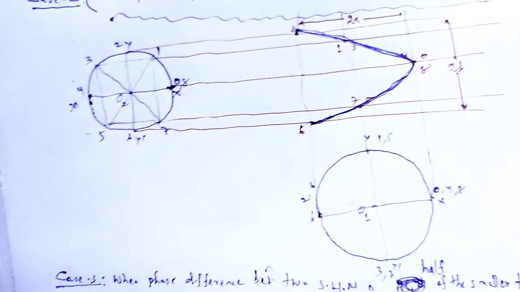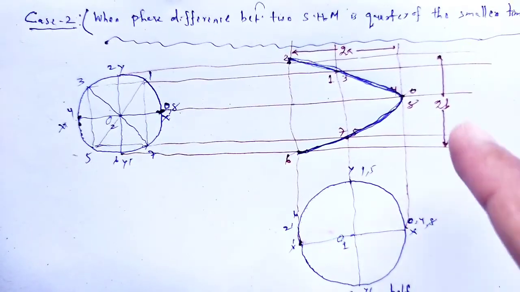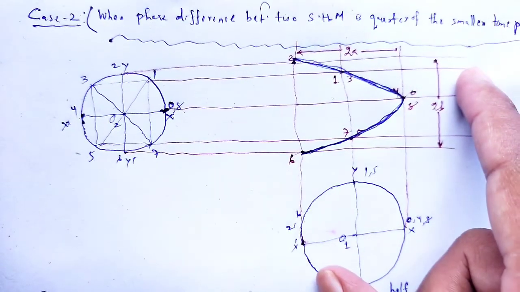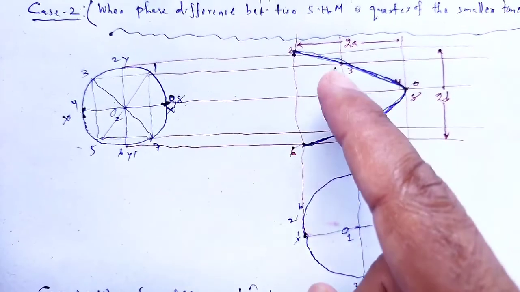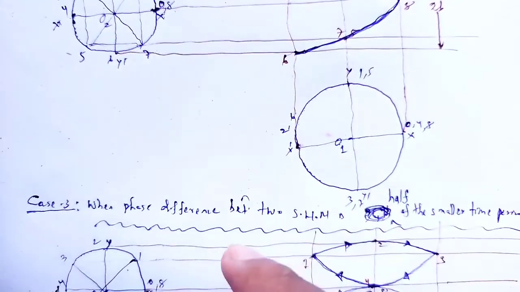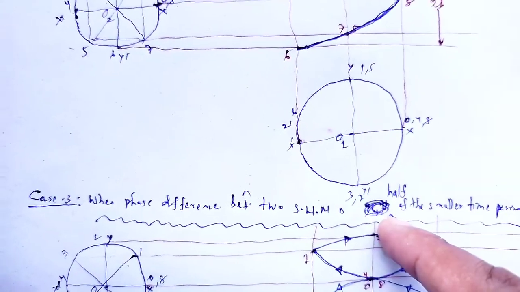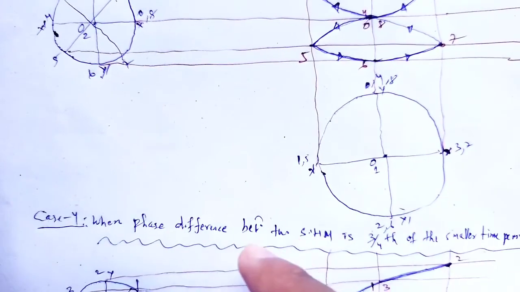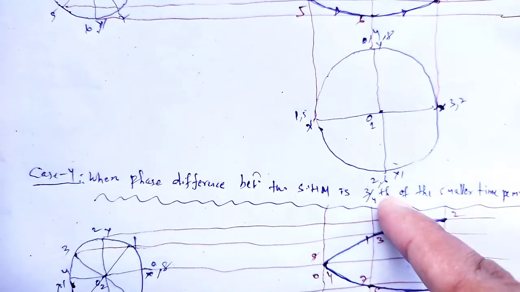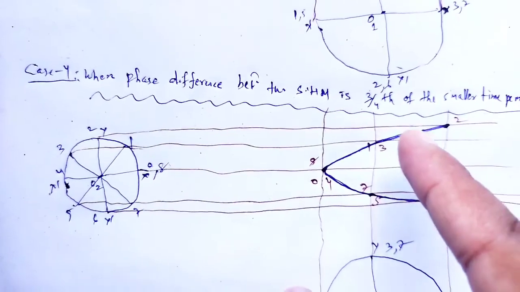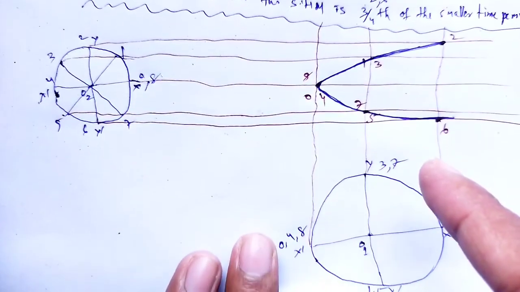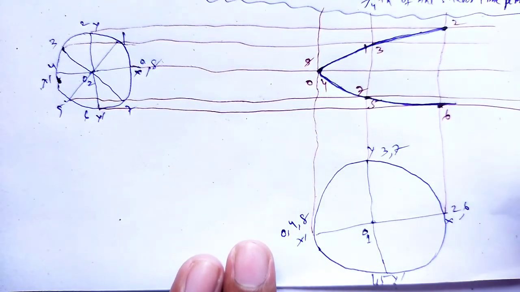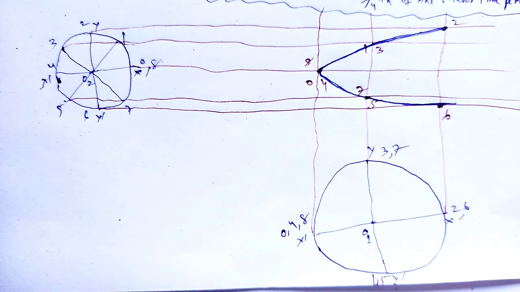When the phase difference is a quarter of the smaller time period, that will be the Lissajous figure. When the phase difference between the two SHM is half of the smaller time period, that will be the Lissajous figure. And if the phase difference is 3/4 of the smaller time period, that will be the Lissajous figure. These are the Lissajous figures of 1:2 by the graphical method.